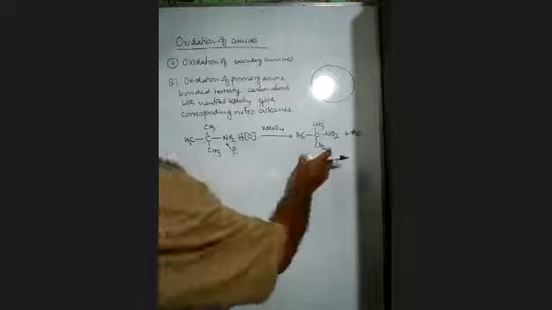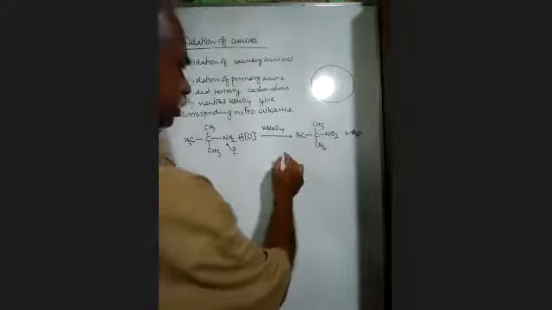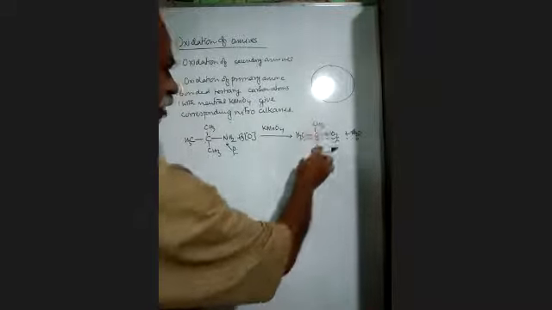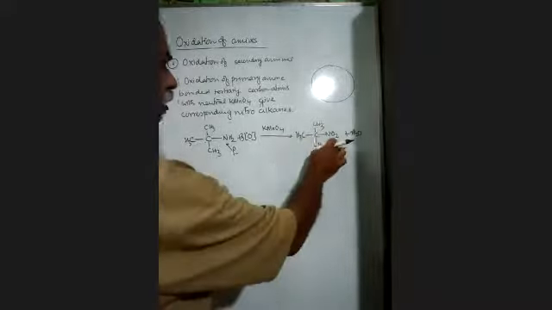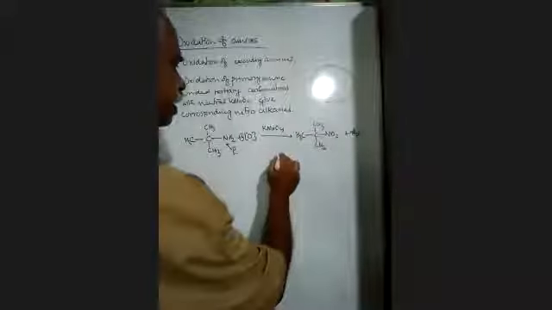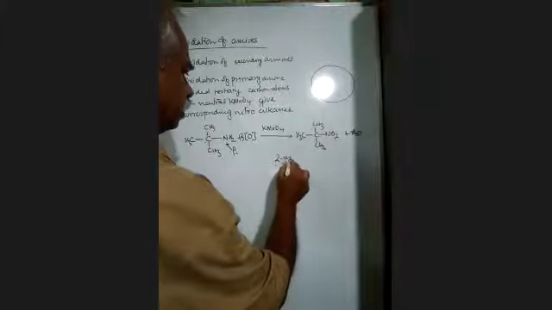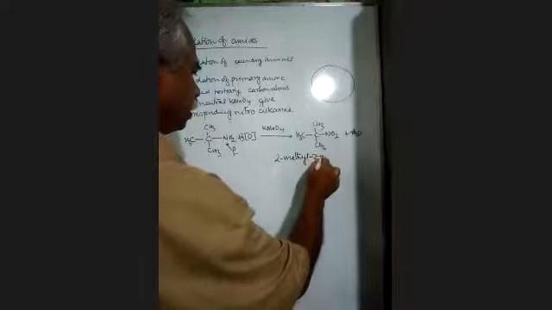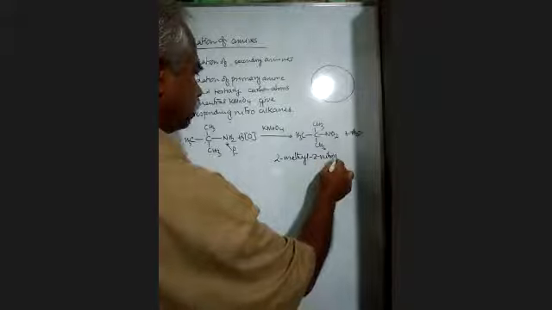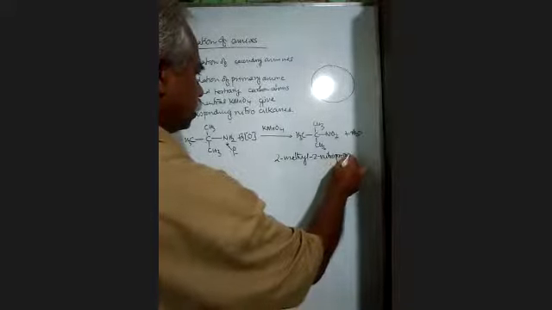Okay, what is the name of this one? See here, the main molecule is propane. You have methyl on the second carbon and nitro on the second carbon. So alphabetically, what should I write? 2-methyl-2-nitropropane.